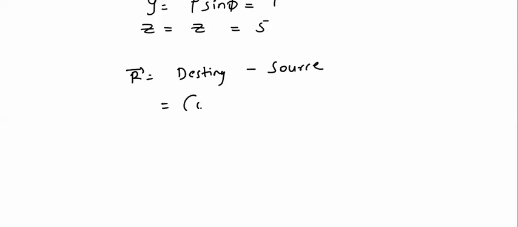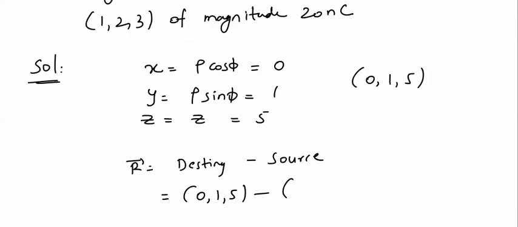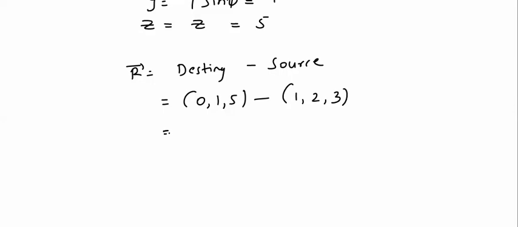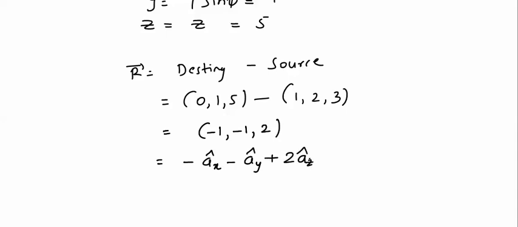The destination coordinates are (0, 1, 5) minus the source coordinates (1, 2, 3), so this will be (-1, -1, 2). So the r vector is minus ax vector minus ay vector plus 2 az vector.